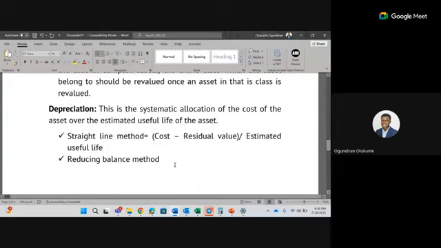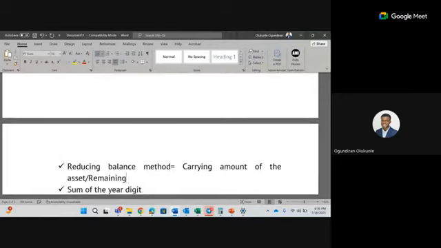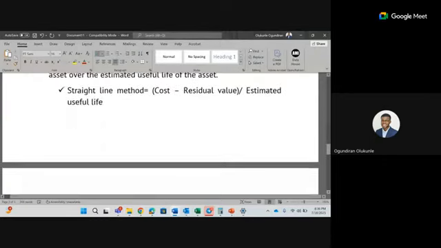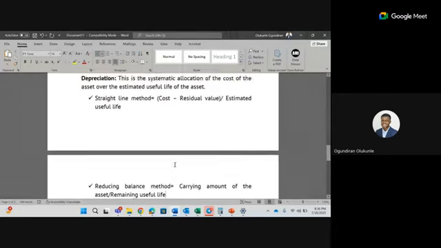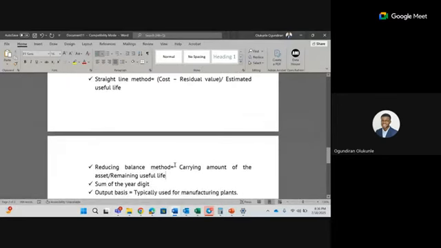What is reducing balance saying? Reducing balance is saying your carrying amount of the asset is divided by the remaining useful life. Now you will notice my choice of words. For the first one I said estimated useful life, while for this other one I said remaining useful life.